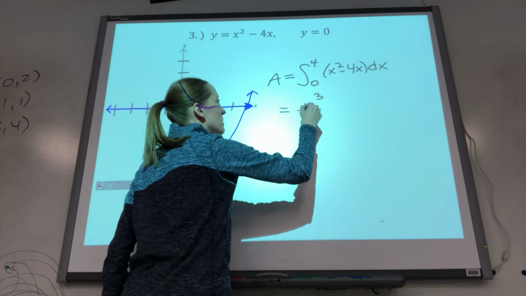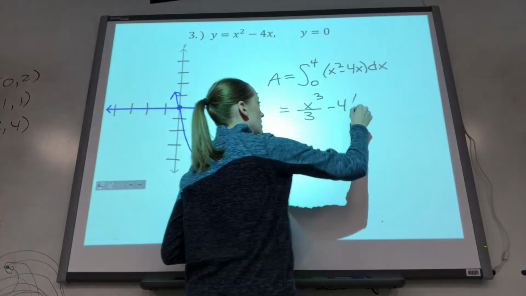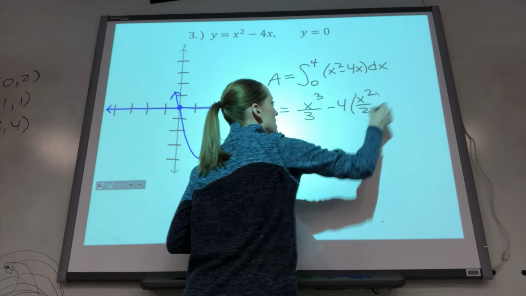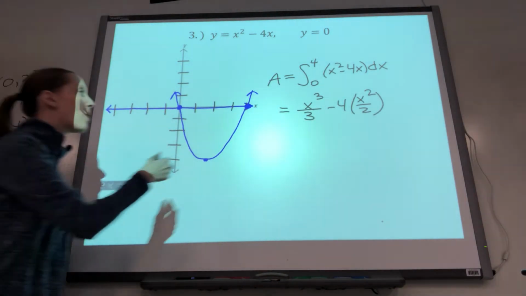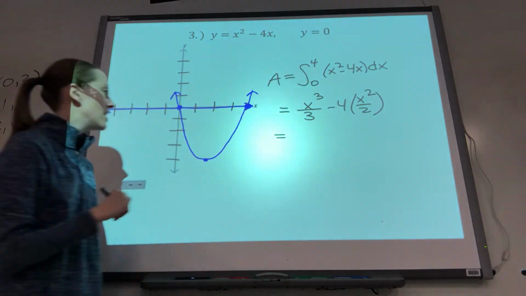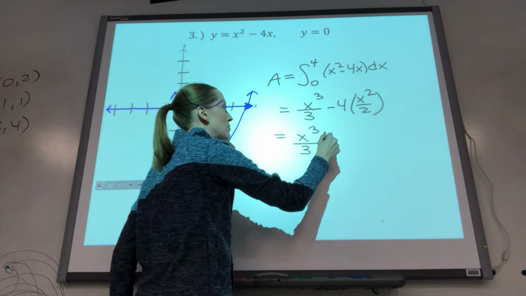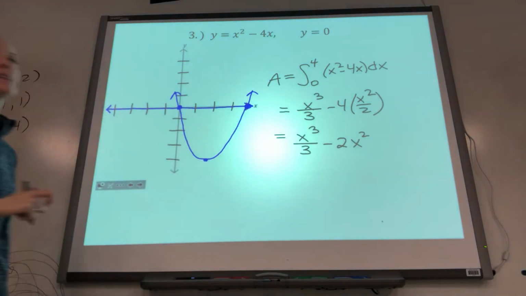So add 1 to my power, put my new power on bottom. Second part, I'll keep the negative 4 out front. Add 1 to my power, put my new power on bottom. I probably want to simplify that before I do anything else. So I'll make it x cubed over 3 minus 2x squared.